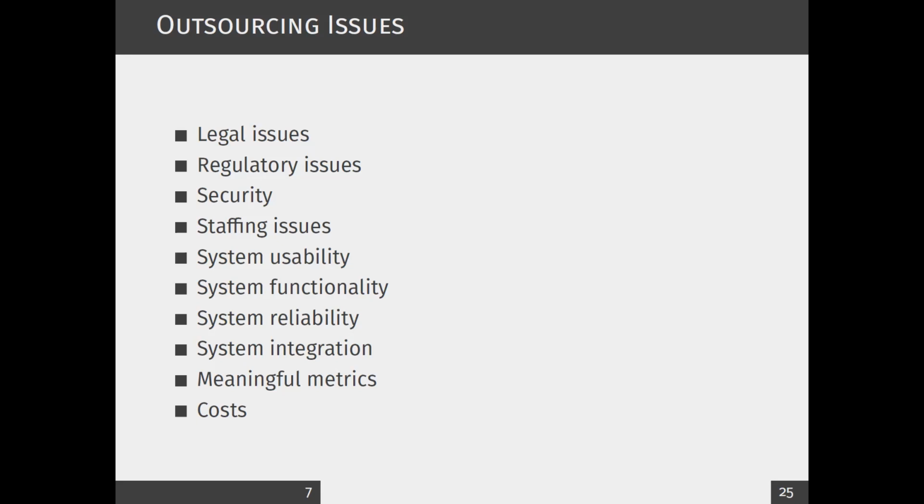So the first one is legal issues. The second one we normally call regulatory issues. Regulatory meaning things like tax and citation issues, because in Sri Lanka we don't have, but there are some regulators, sometimes on what you can actually sell online.